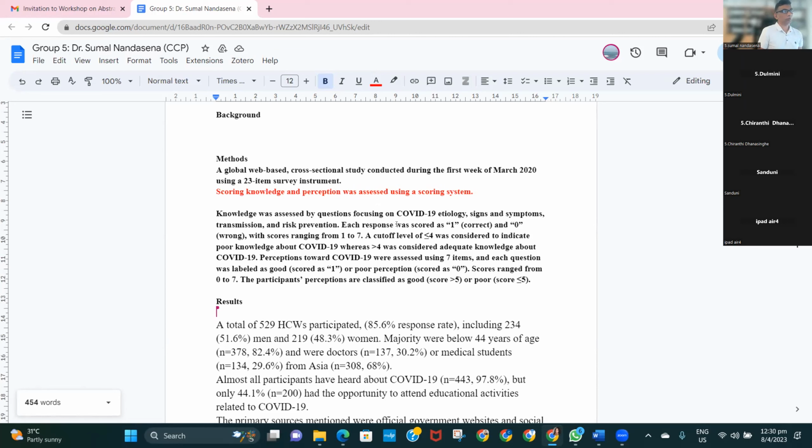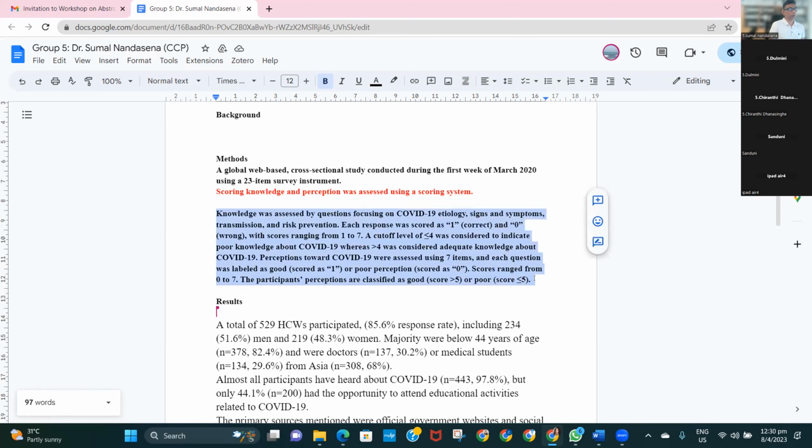So then we will be able to remove the entire paragraph.